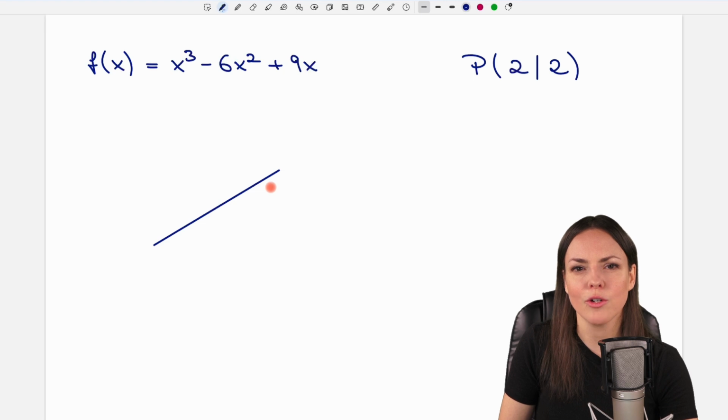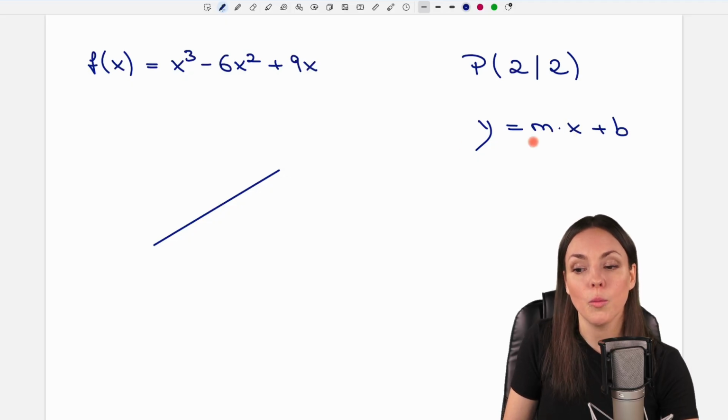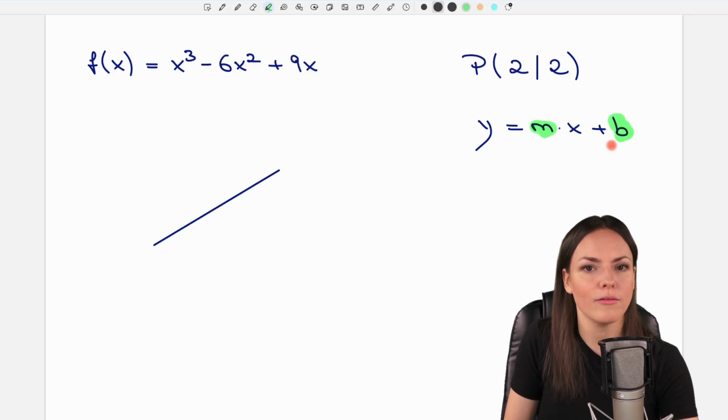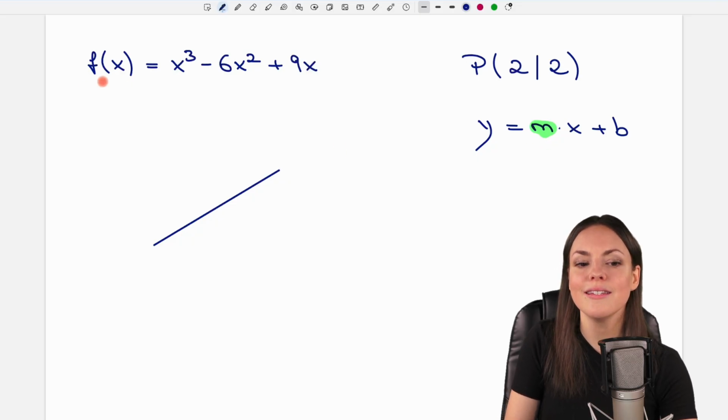So what's the equation for a line? This is y equals m times x plus b. And we have to find m and b, and then we have our tangent line. We start with m. And m is the slope of our line. And we find the slope by using the derivative of our function.